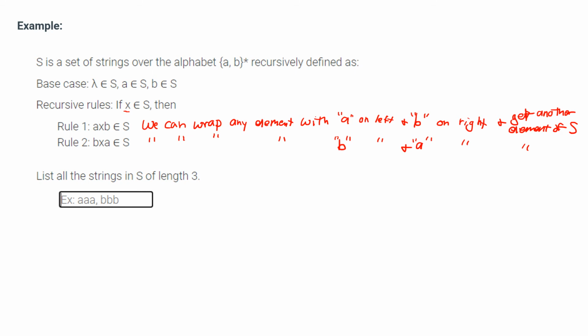So I'm going to either have to start with an A. I could start with A, and then wrap it with an A and a B, or wrap it with a B and an A. Or if I start with a B, I could have a B in the middle and an A and a B, or the B in the middle and a B and an A. So those would be the 4 different values for this particular set that has been defined recursively.